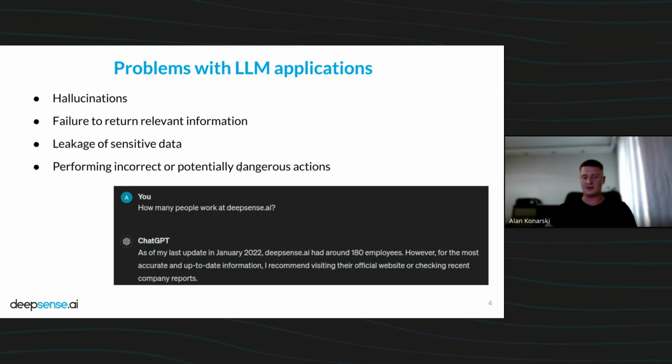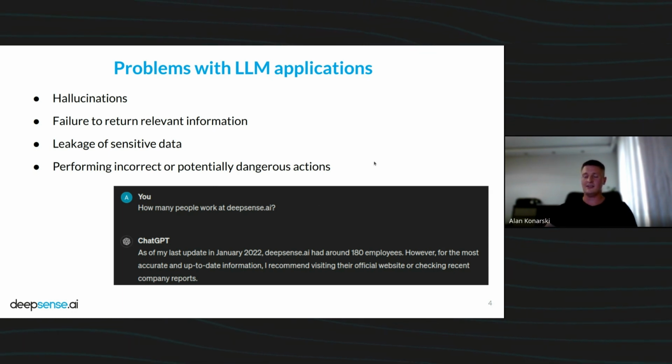After asking about my company, I asked how many people work at deepsense.ai. It responded that we had 180 employees 2 years ago, which is not true. We have never had so many employees. This is an example of a hallucination.